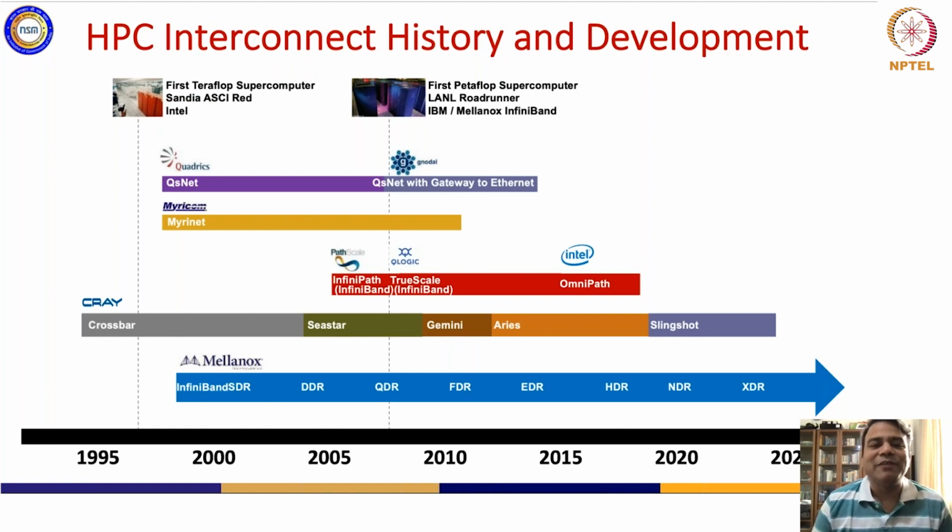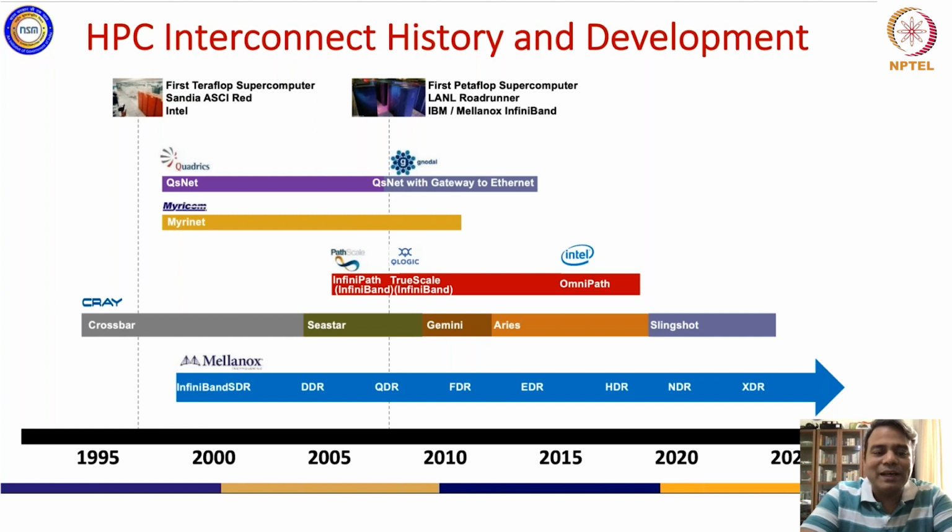If you look at the HPC interconnect history and development, it starts right down from, I think, the early 90s, where we had Cray as one of the leading supercomputing companies. They started off with a crossbar interconnect to link multiple compute elements.